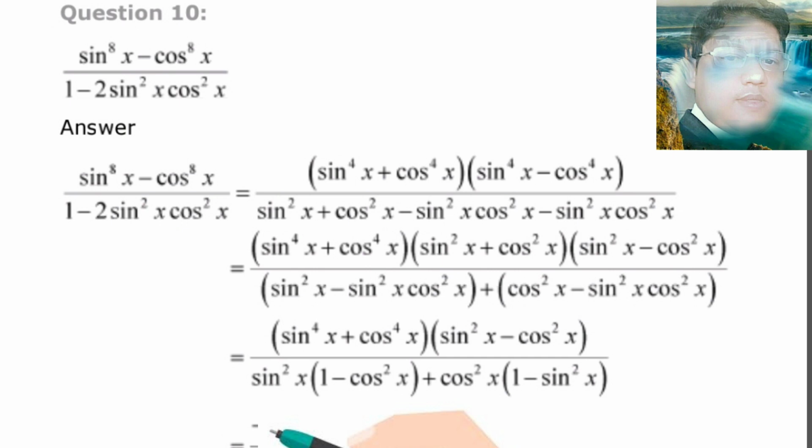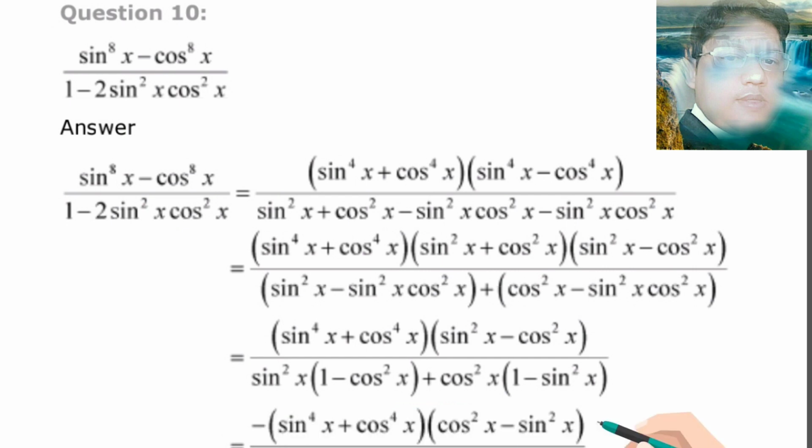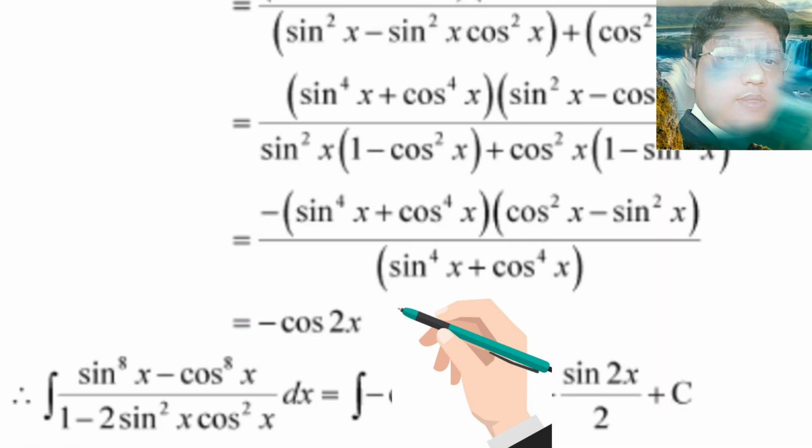Now a square minus b square, if you expand on numerator and denominator, if I take the common sin square and cos square from the denominator, then I get sin to the power 4 plus cos to the power 4, and the numerator also a square minus b square. If I expand, then I get the equation as it is.